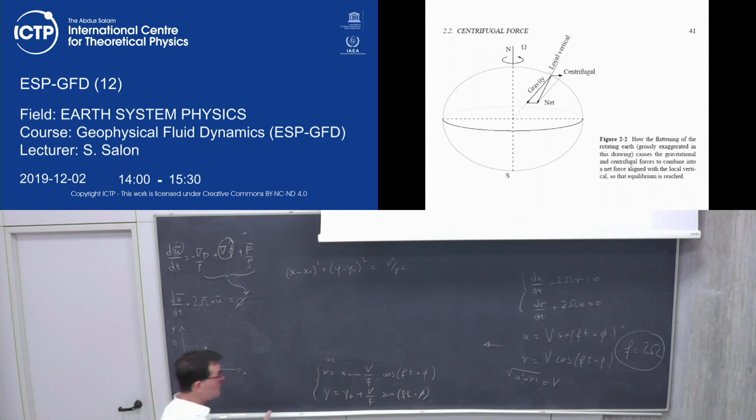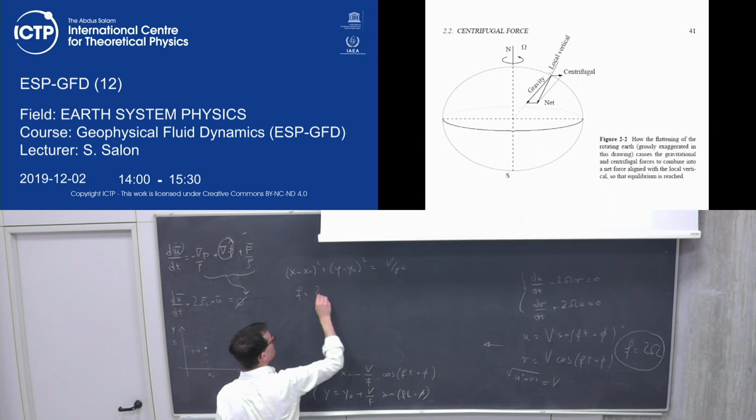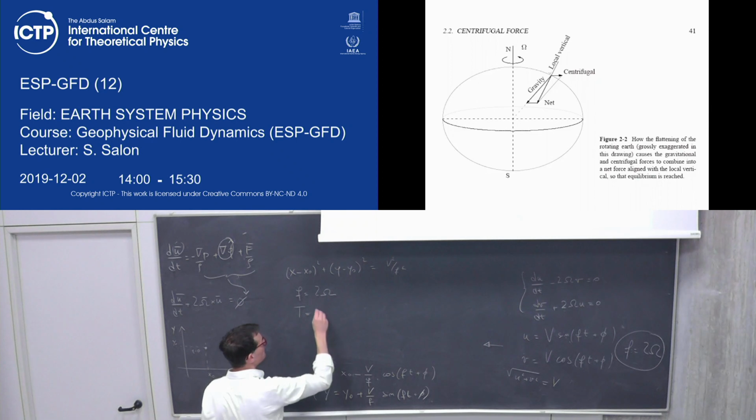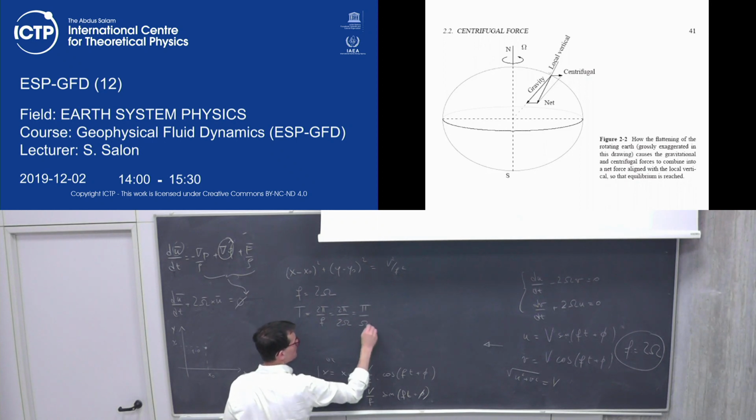And one thing more: f is equal to 2 omega. So it means that the period of rotation will be 2 pi over f, which is 2 pi over 2 omega, which is pi over omega.